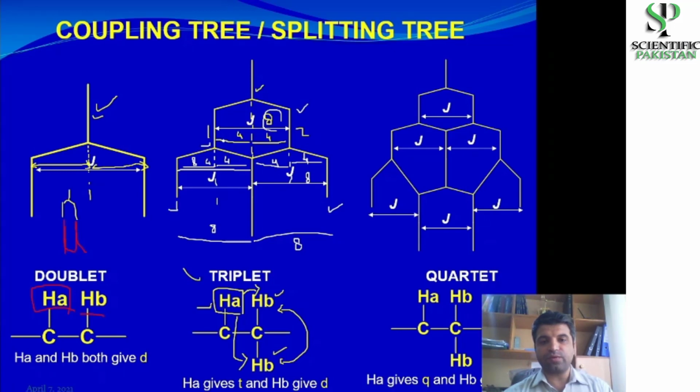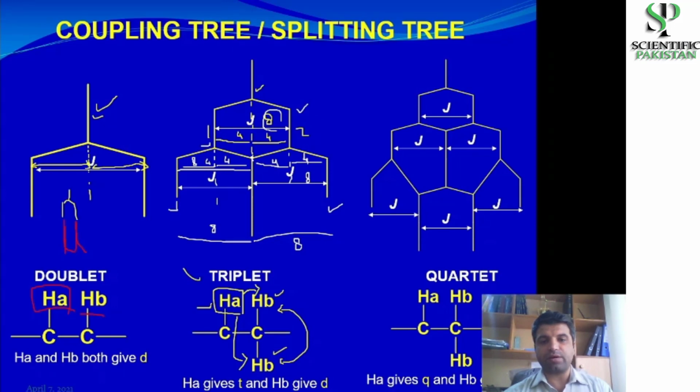And the distance from this line to the center is equal to 4 Hertz, which means it has moved 4 Hertz. Now this line will also split into two up to 8 Hertz, and it will move 4 Hertz to the left and 4 to the right. So when it moves to the left, it covers 4 Hertz, which falls exactly under this line or right in the center of these two lines.